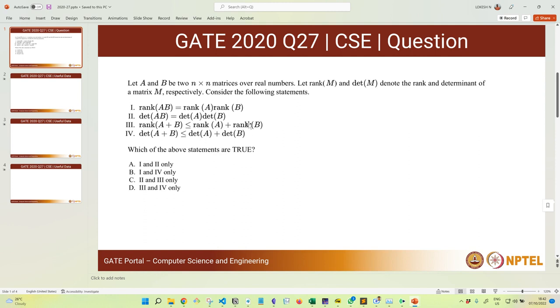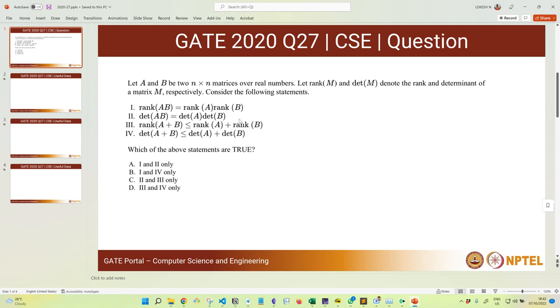Can you answer which of these statements are correct? Is the first statement correct?